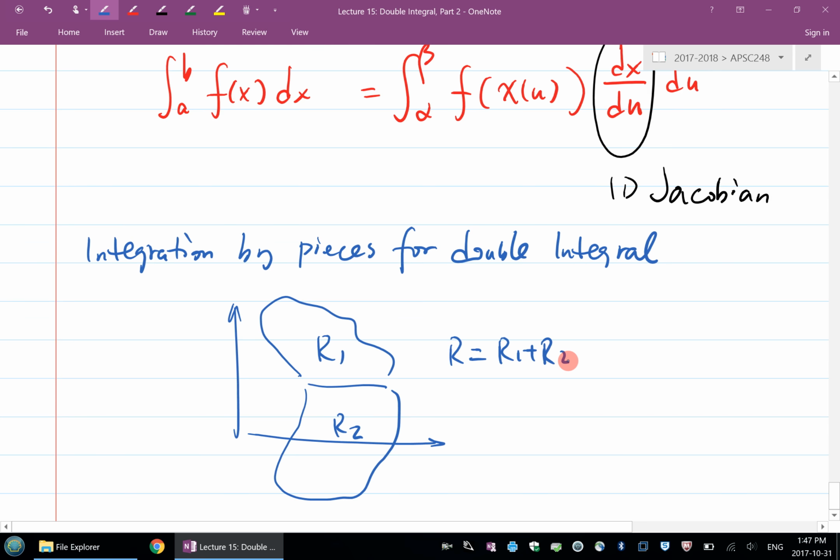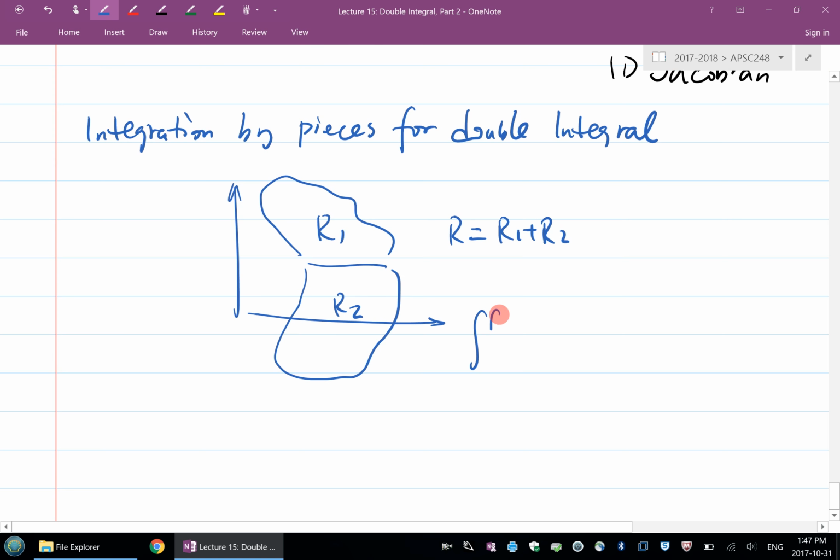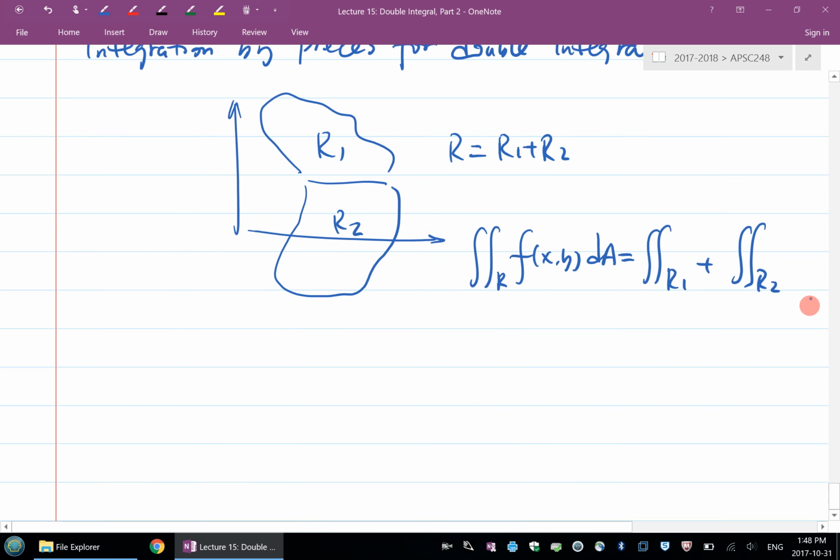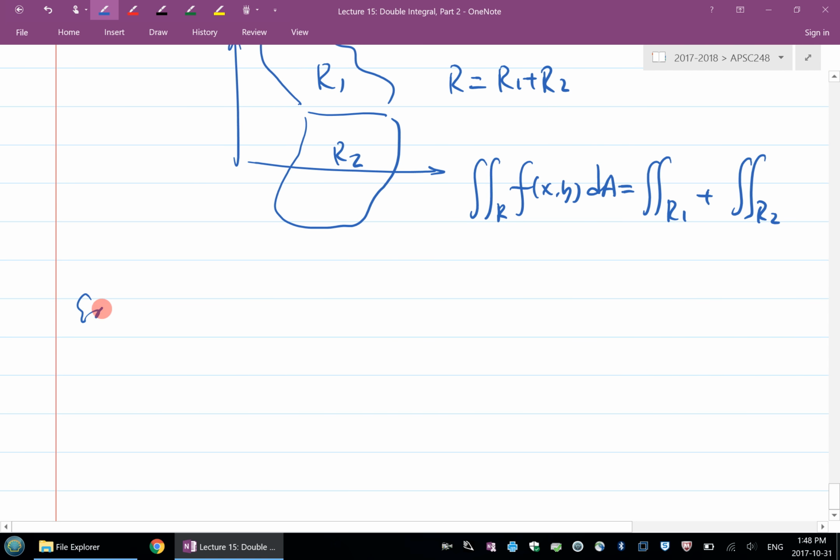Then your double integral has this property, so you can integrate by pieces first, and then add them together. So that's integration by pieces for double integral, right? This can be easily identified when you use this property. So I'll give you a simple example actually.